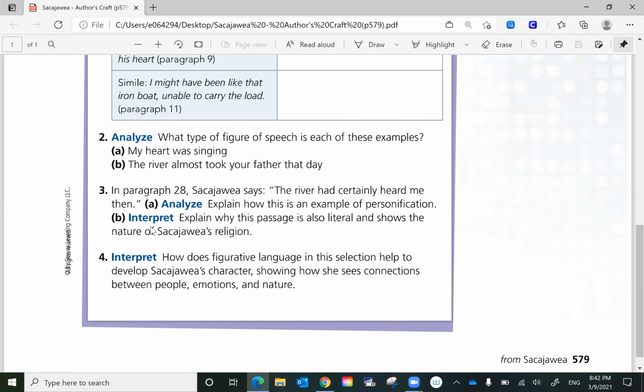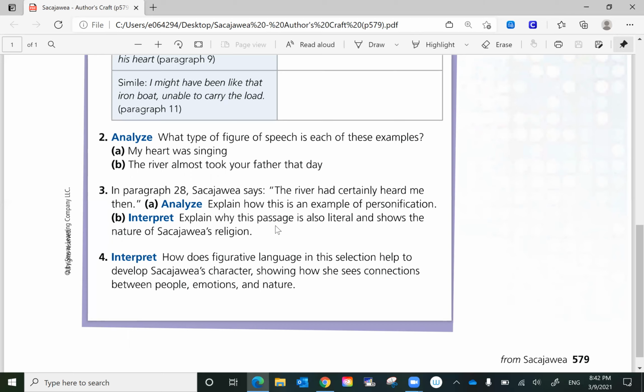3B, we are interpreting. It says, explain why this passage is also literal and shows the nature of Sacagawea's religion. All right. So this one you may have to do a little bit more thinking on. You might have to go back into paragraph 28 and read the whole thing in context so that you can get a little bit more information on this.